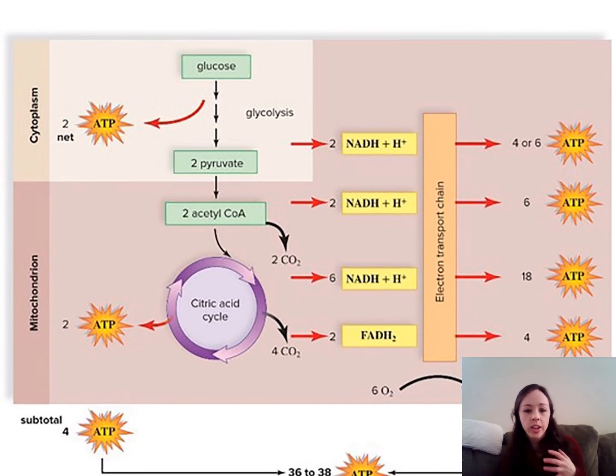Roughly about 3 ATP can be made from each NADH, and 2 ATP can be made per FADH2 coenzyme. This amounts to a total of 36 to 38 ATP from 1 glucose molecule. So this is going to be the primary step in cellular respiration, where we're going to get the majority of our ATP for our processes in the cell.